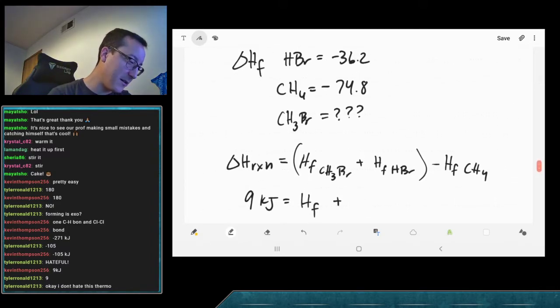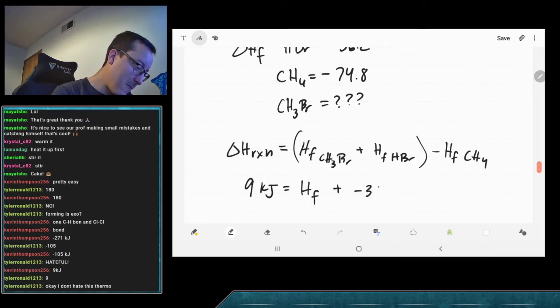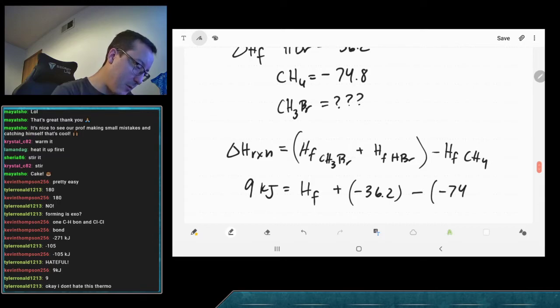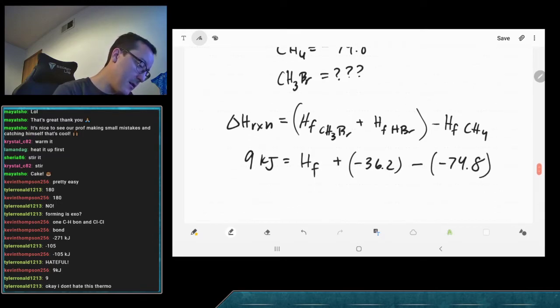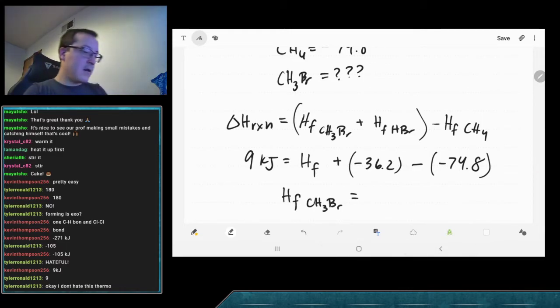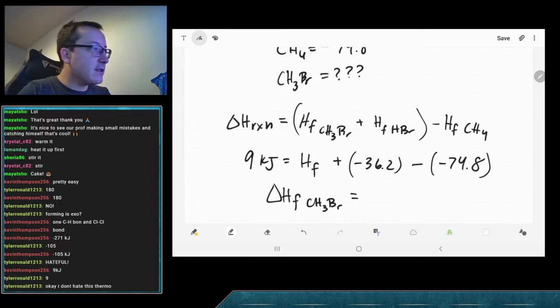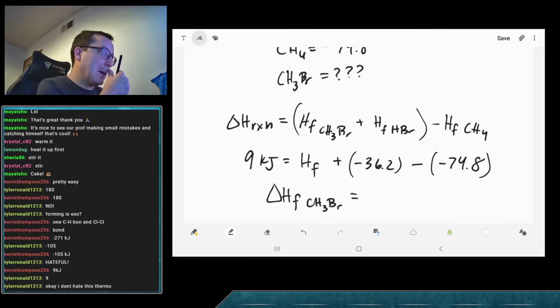HBr is negative 36.2. Minus negative 74.8. And so delta HF, remember, we don't do bromine because it's already in its natural state. It just has HF of 0, so who cares? What's it look like, Kevin?